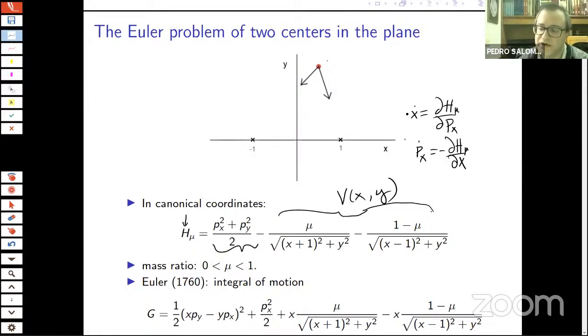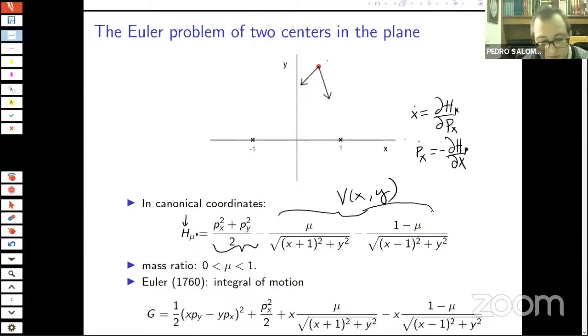And so we have four-dimensional first order equations, and if we integrate these equations, it's autonomous. We have a flow, and this flow preserves the Hamiltonian function H, which is the total energy of the particle.